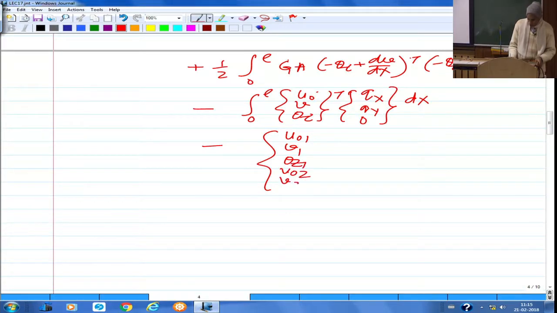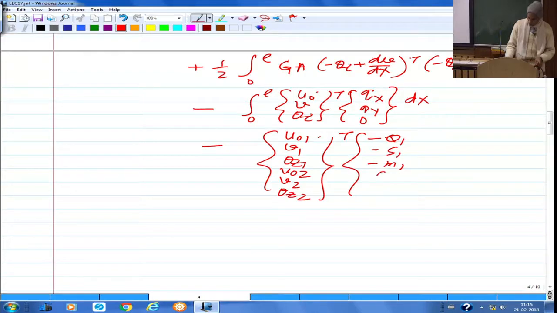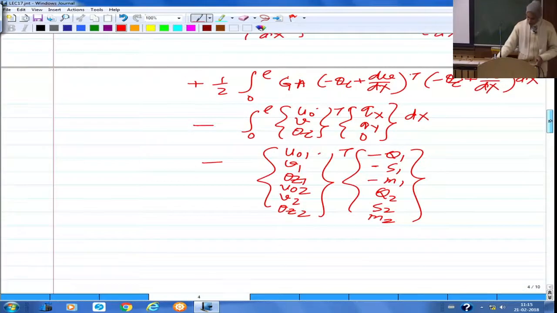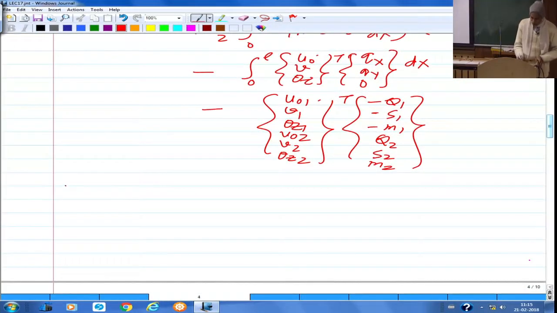This is there actually in your notes, so I am just summarizing what we did last time. And the forces are here, say minus q1, minus s1, minus m1, q2, s2 and m2. So this is what you had got, and based on this we discussed interpolation.